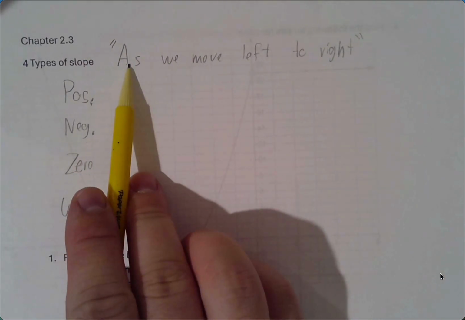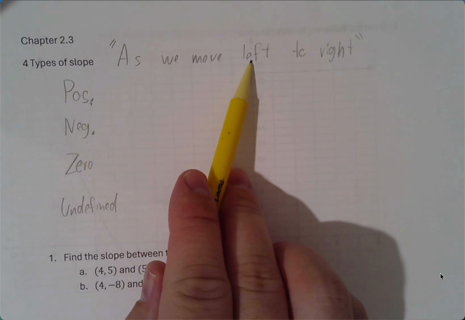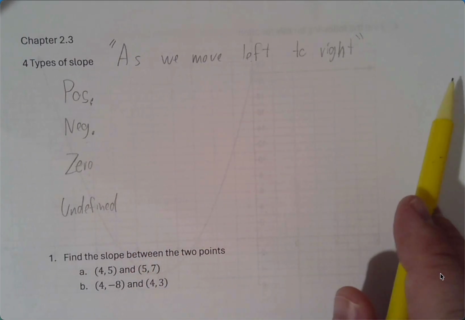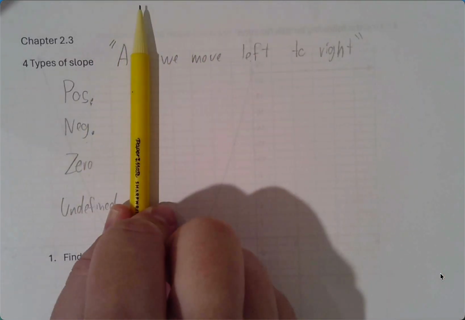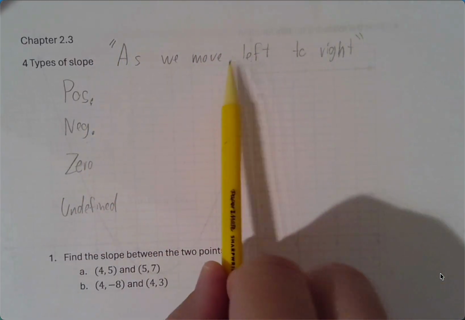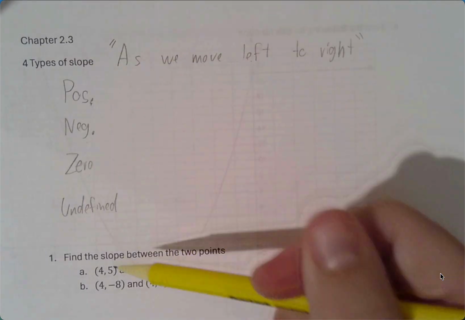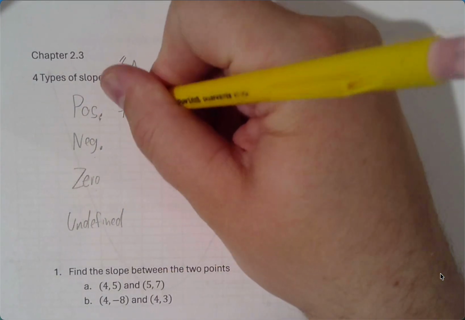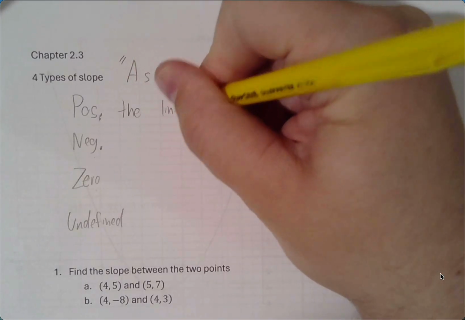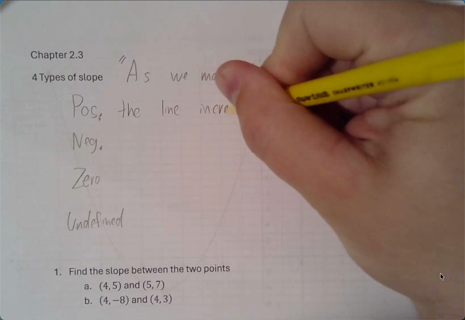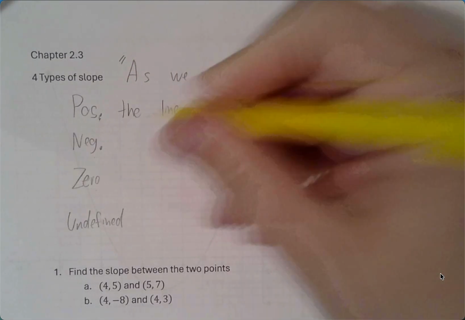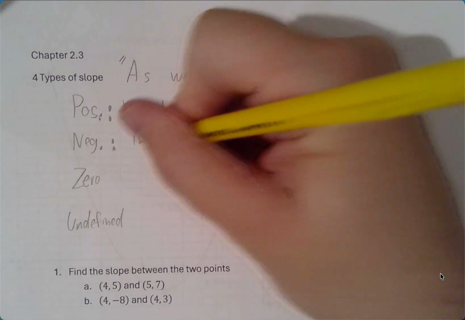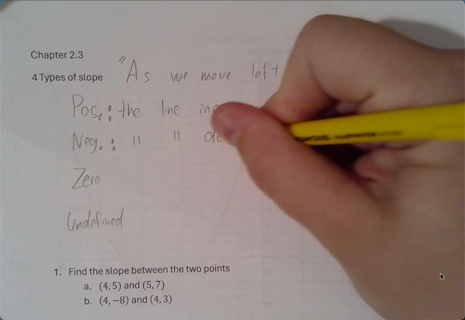We're saying, as we plug in the furthest left x value and move towards plugging in another further to the right x value, as we scan our vertical line from left to right and ask, what did I plug in and what did I get? What were my y values doing? Well, for a positive slope, we'll say the line increases. We've already talked about that before. And for a negative slope, the line decreases.